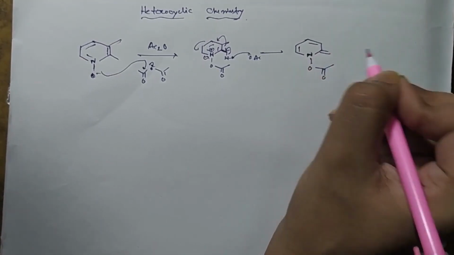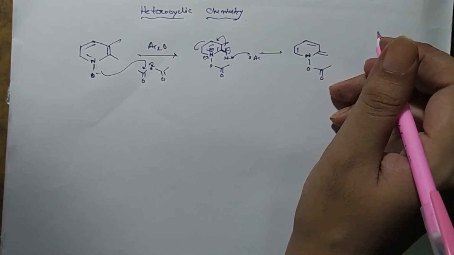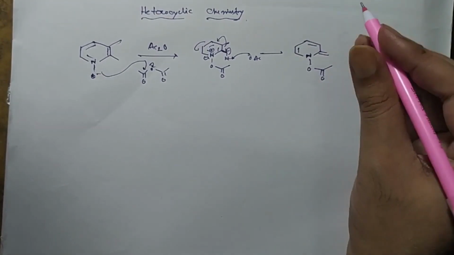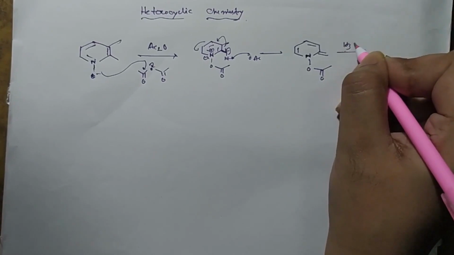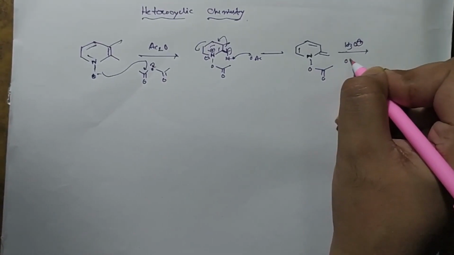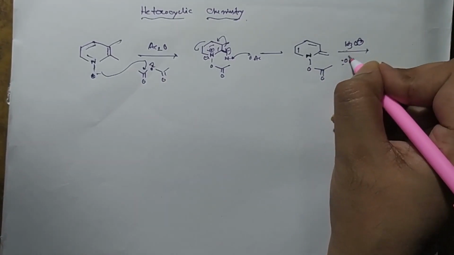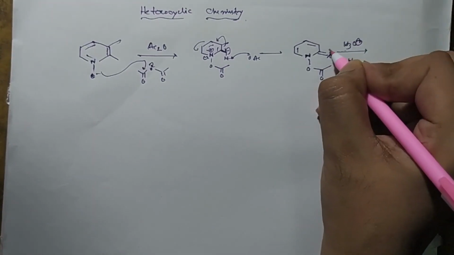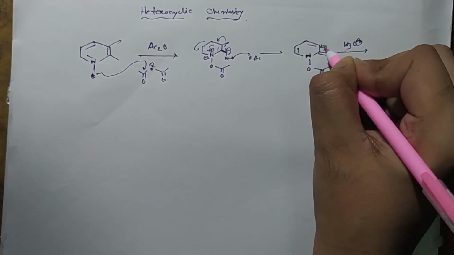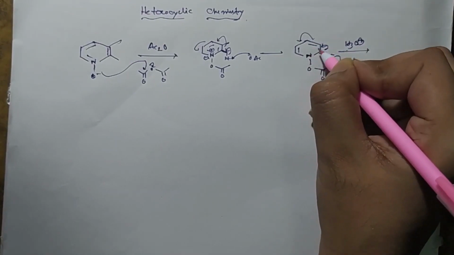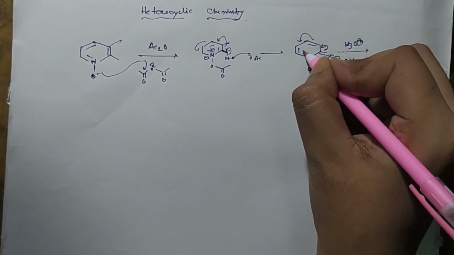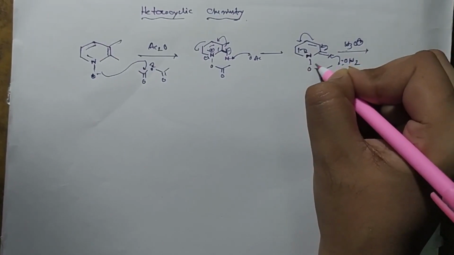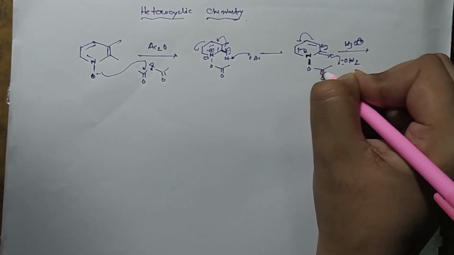Now what happens in the next step? Water molecule was there, so the water molecule just attacks this C double bond C. So this one goes here, this one goes here, this one comes to nitrogen, and as this is an acetate moiety, a good leaving group, this cleaves.